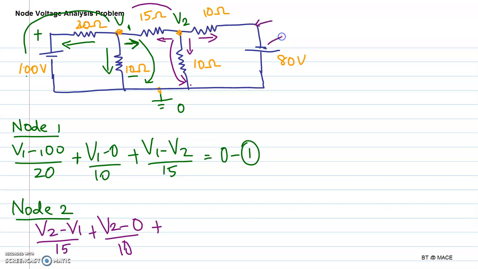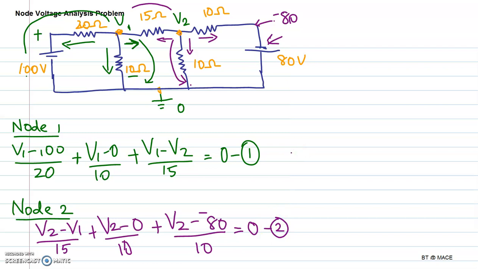This is the negative terminal of the battery, and therefore here the value is minus 80. So the current through the other 10 ohm resistance will be V2 minus of minus 80 divided by 10, equal to 0, as all the currents are leaving, and therefore this is equation number 2.